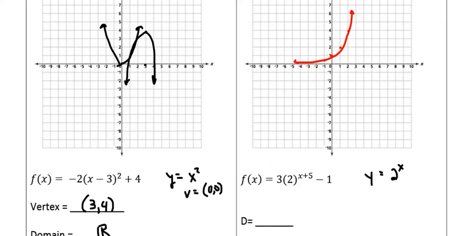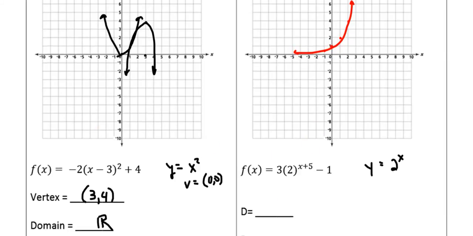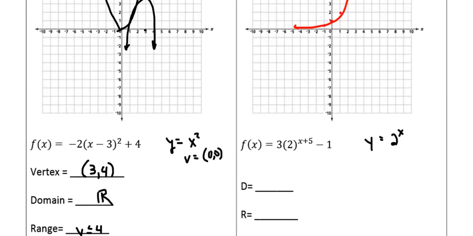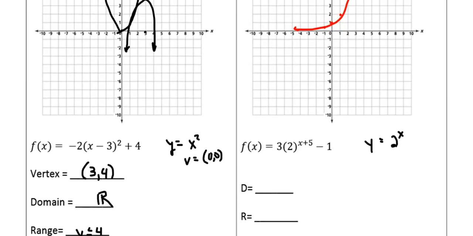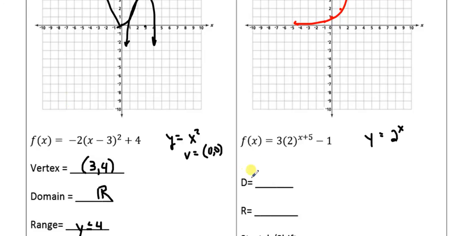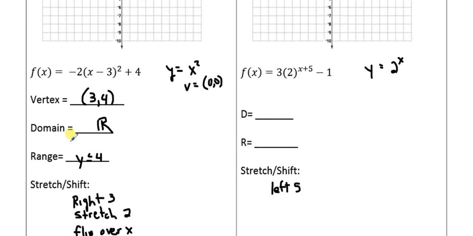After we shift this thing, you can basically think of the x and y axes getting moved. So we're going to move left 5.